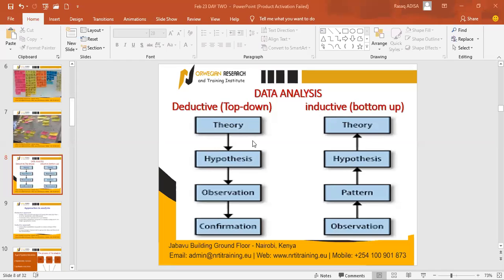You are trying to work on climate change, for instance. Before you set out, you discover that a lot of people have worked on climate change. They have identified the impact. So you can borrow the impact dimension they have identified. Then you now use the dimension to form your question, to take to the field. Then you now do your analysis based on the dimension you've already borrowed from theory.